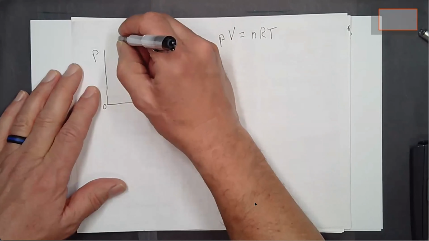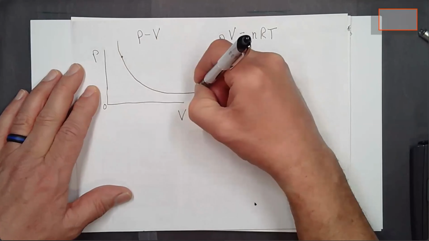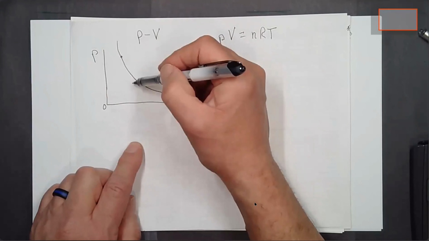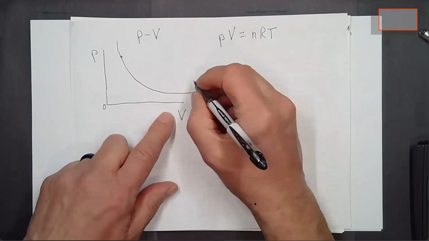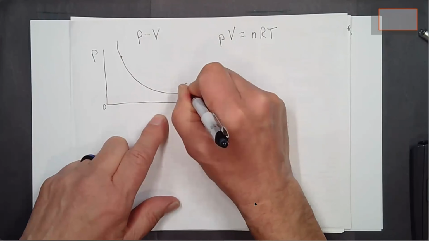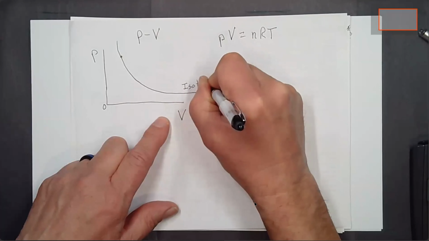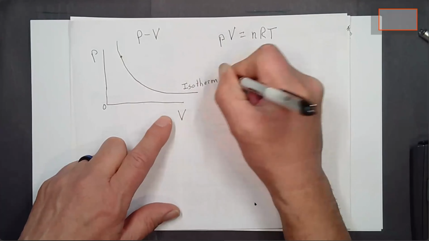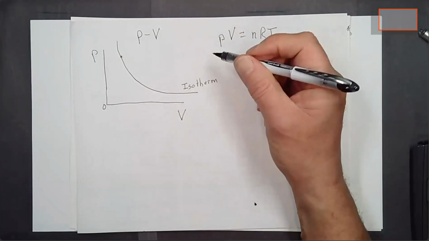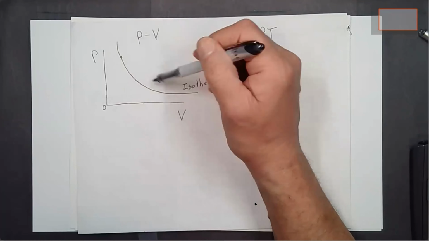That's like XY is a constant, and it's a curve that looks about like that. A curve like this, where PV is constant, we call an isotherm. Iso means same, and therm has to do with the temperature. So an isotherm is a curve that looks like that on a PV diagram.